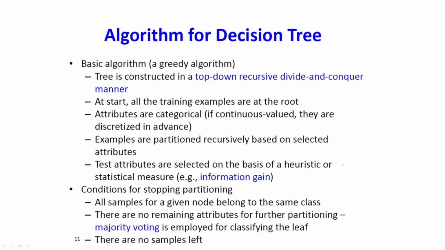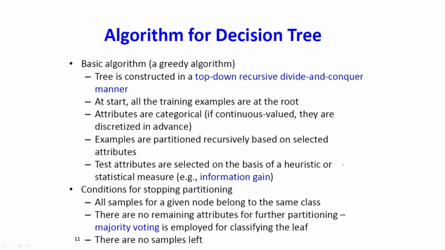At the start we put all the examples at the root, and attributes are basically categorical, mostly discrete. Even if they are continuous valued, they are discretized in advance, and then test attributes are selected on the basis of measures like entropy, information gain or Gini index.